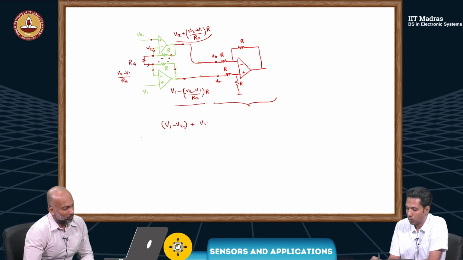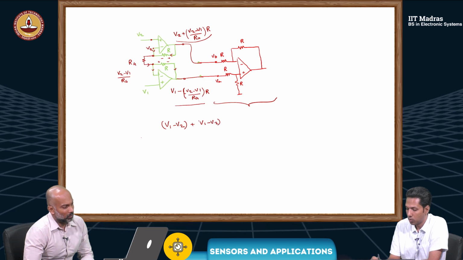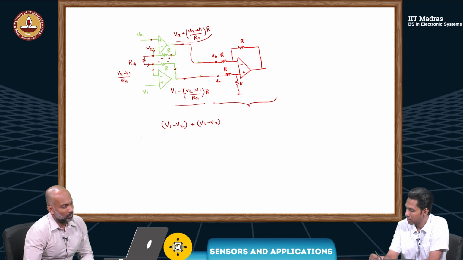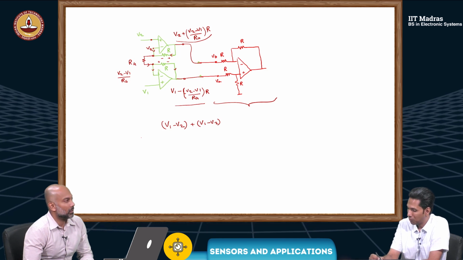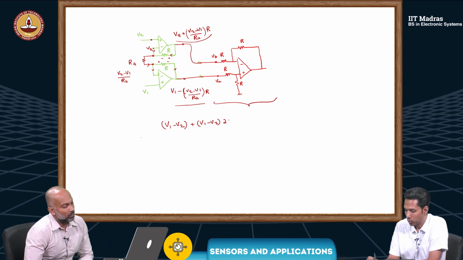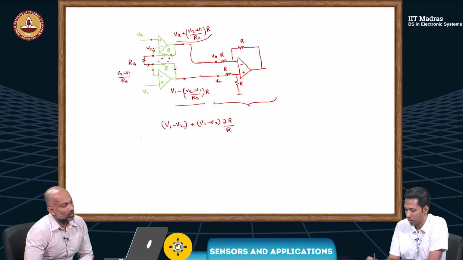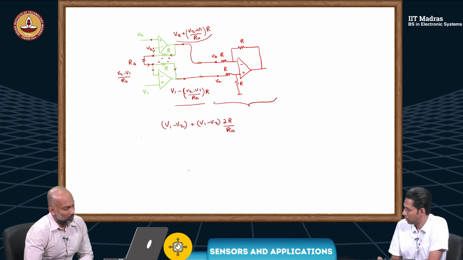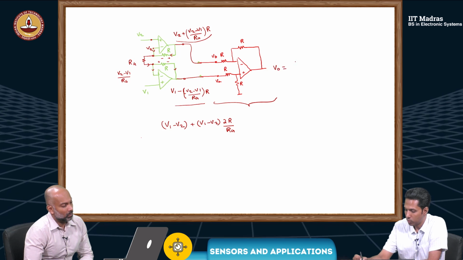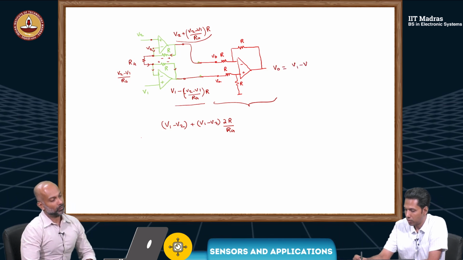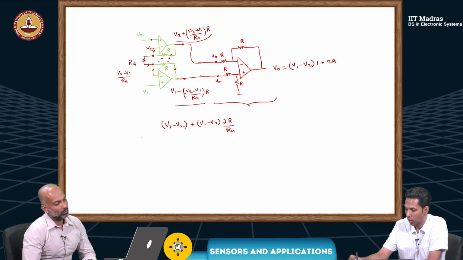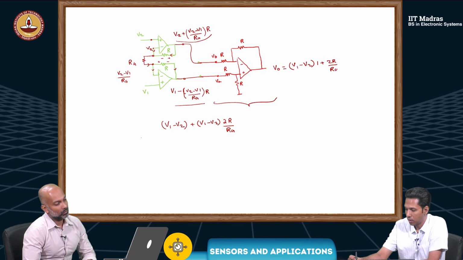So V1 minus V2 into R by Rg, and the same term comes twice. So this will be 2R by Rg. Or the V0 here is equal to V1 minus V2 into 1 plus 2R by Rg.